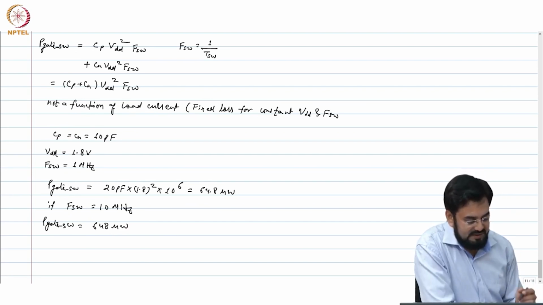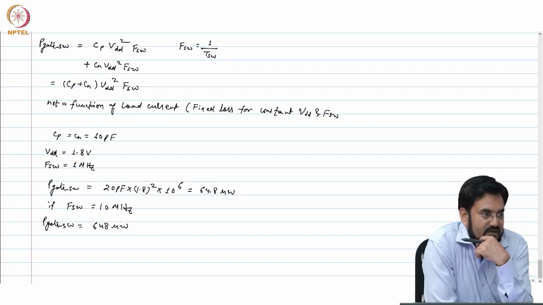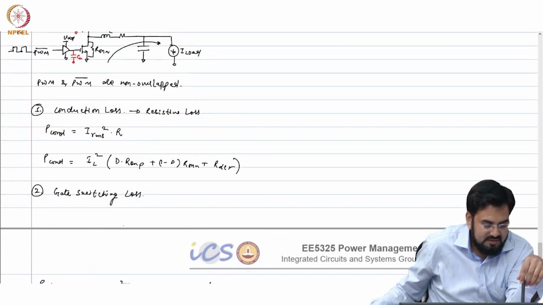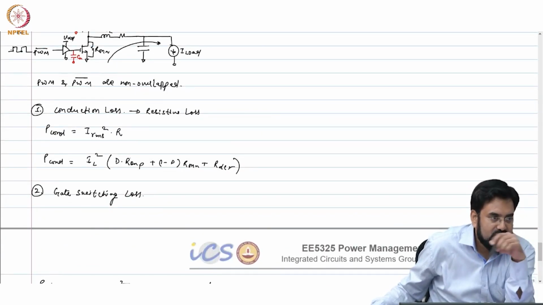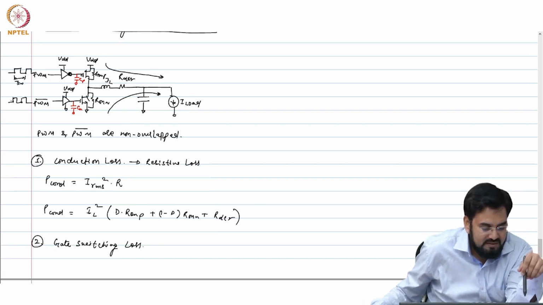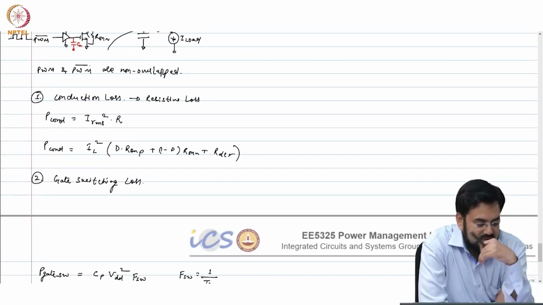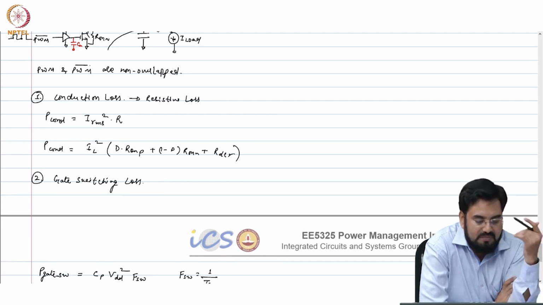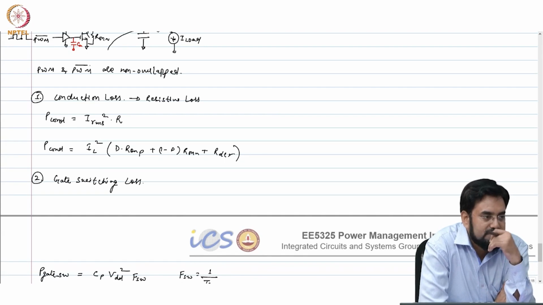So now let's say you're running at 10 megahertz and you had this 100 milliohm, the resistance of this conduction path, where RDCR plus R1 of the devices is 100 milliohm. So how much load current should be there to have the total power? Let's say your output voltage is 1 volt. Okay, so load current is, let's say, 1 milliamp.